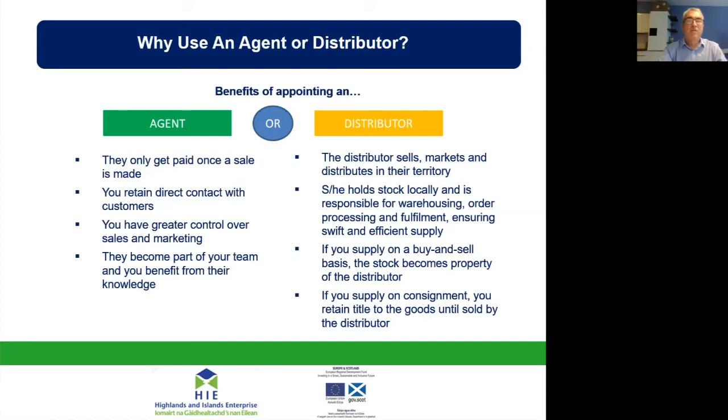The benefits of appointing a distributor, on the other hand, are that the distributor sells, markets, and distributes in their territory. They're responsible for holding stock locally, for warehousing, order processing, and fulfillment.